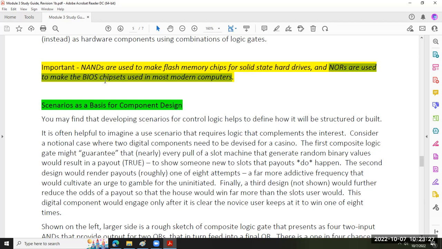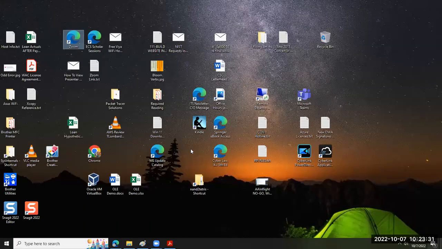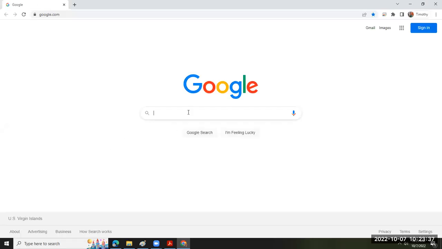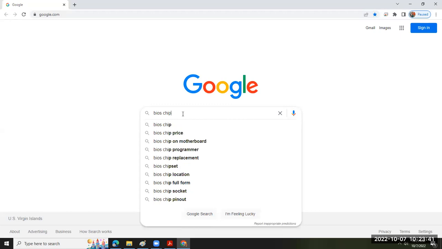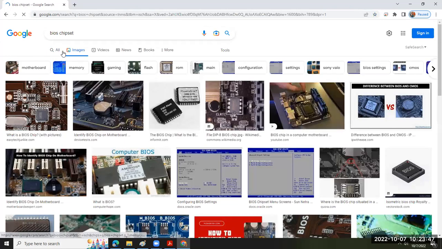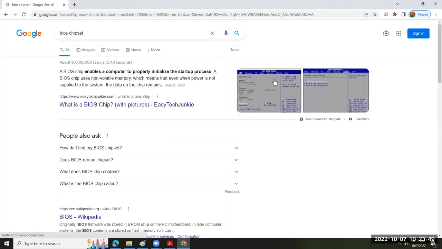Does everybody know what we mean by BIOS chipset? Yes, no, maybe? So when you boot your system, when you power it on, it goes through a power on self test.